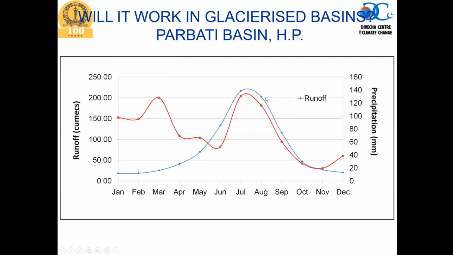And of course, when it comes to monsoon time, you have high precipitation and high runoff. So there is no one-to-one correspondence between precipitation and runoff. Therefore, we need to look at this issue very differently than the conventional models of estimation of precipitation and runoff.